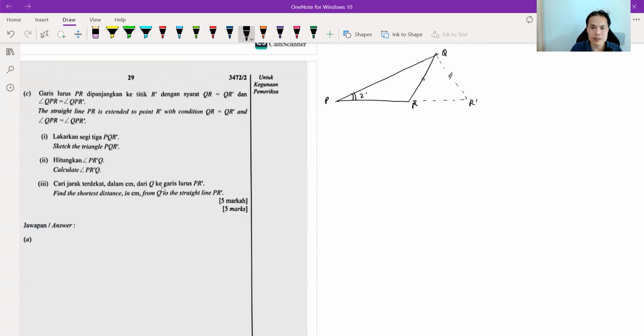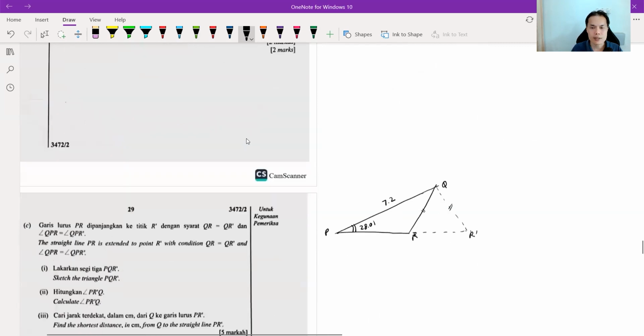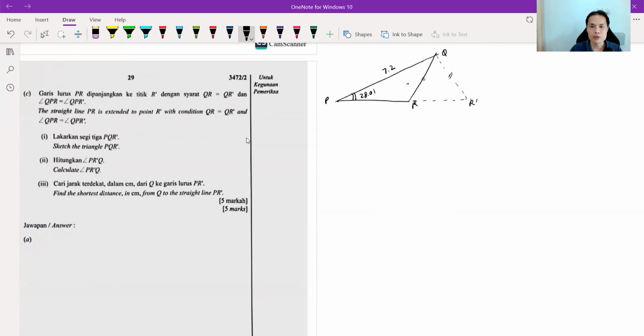Now we know just now this is 28.01. This is 7.2. This length, if you refer to it, is 3.646. This will be 3.646. They are equal length. So we are supposed to redraw triangle PQR prime. Let's just redraw. It looks like this. I better use a ruler. Looks nicer.